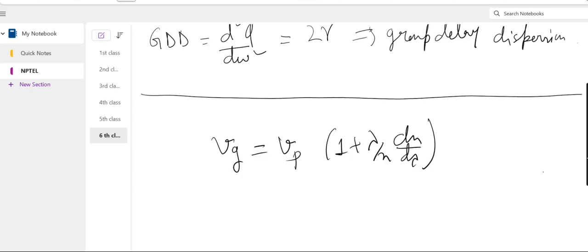If it doesn't change with frequency, it means it doesn't change with lambda. That means n is constant, then dn d lambda would be zero. Then just solve the question, and you will get the relationship between group velocity and phase velocity.